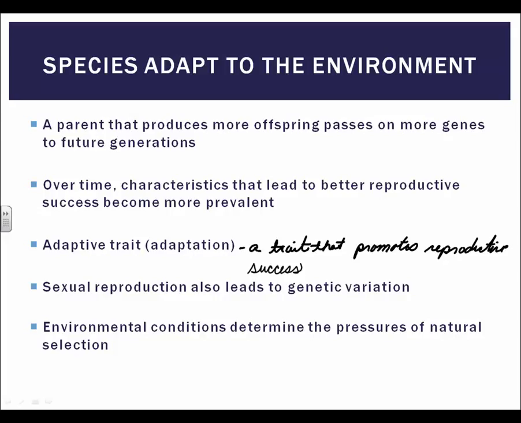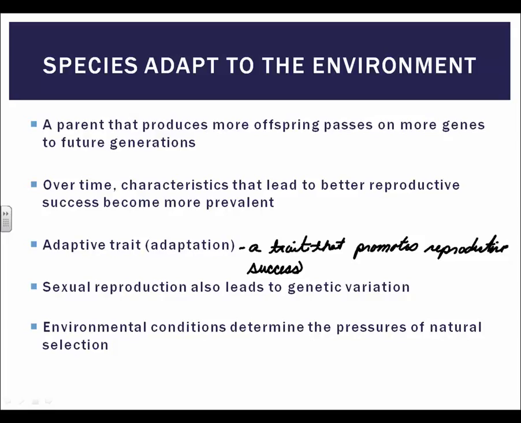All right, next thing, sexual reproduction also leads to genetic variation. In a different way, when we talk about sexual reproduction, we're making new combinations of genes. So this is also a form of evolution that we don't really think of.